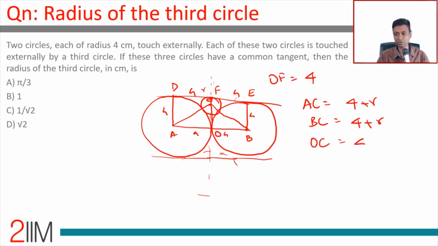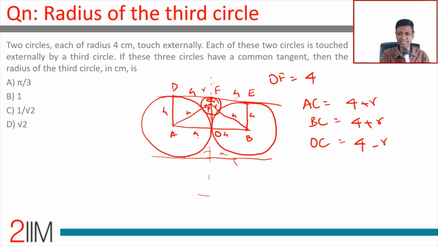OC is 4 minus R. This is R, R, R, 4, 4. The whole thing is 4, 4 minus R. Let's say center of this point is P. We need to somehow find out CP, which is R, or OP, one of those.